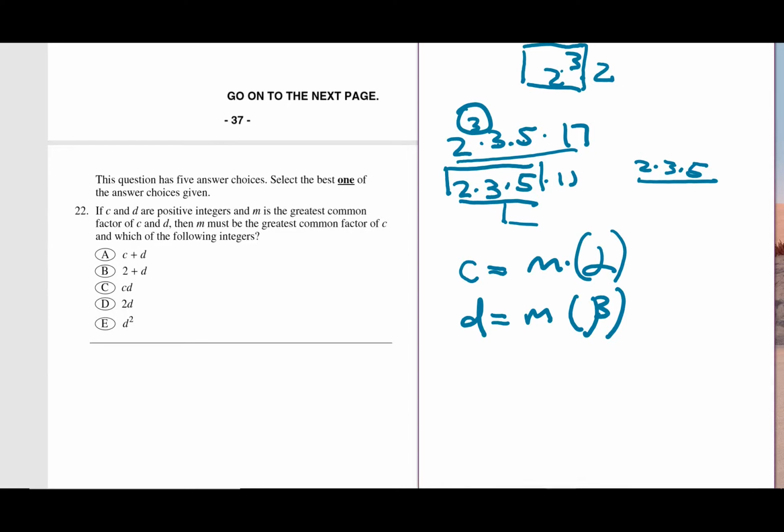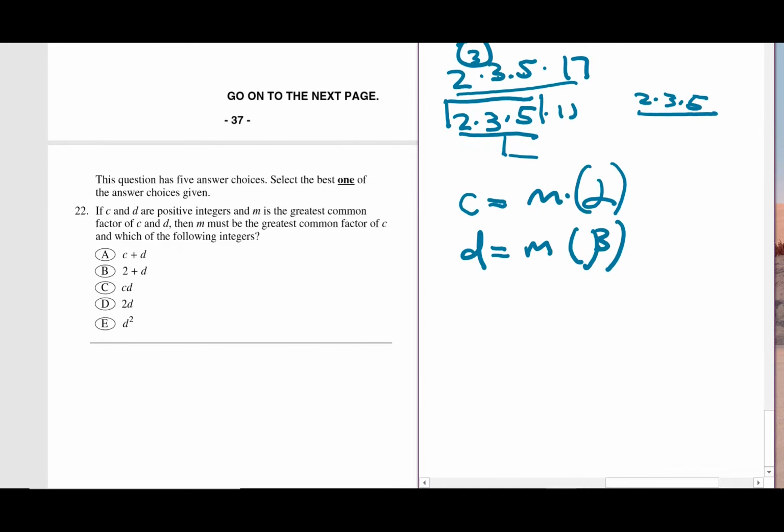And then if you take D squared, so D squared is M squared times beta squared. Because there was no factor shared in beta, anytime you square these, like if I square 2 times 3 times 5, it's 2 squared times 3 squared times 5 squared.